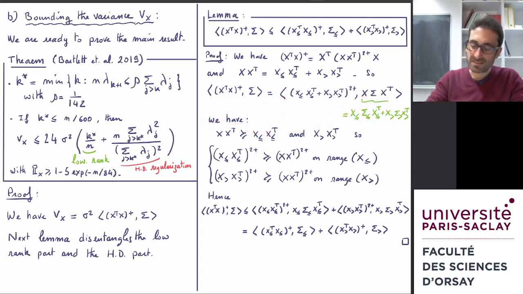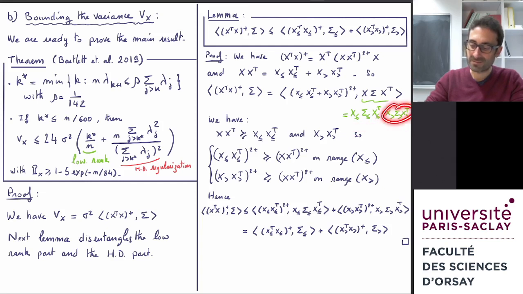So I have that x transpose x plus sigma is equal to x transpose 2 plus scalar x sigma x transpose. And now if I look at this part, again, I will have a decomposition like this. So I will have the low dimensional part and the high dimensional part.